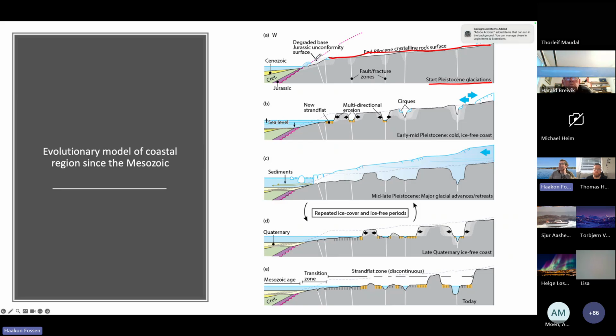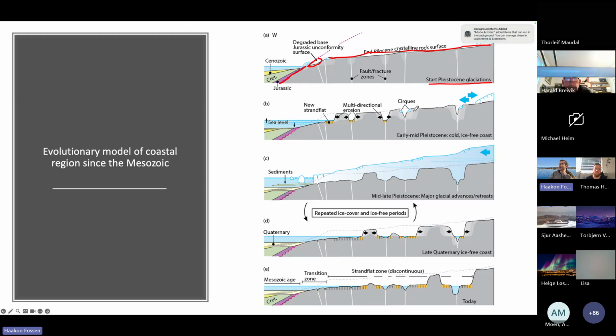And you may have had some degradation of the Jurassic nonconformity offshore, right there. But in general, we have these two surfaces.